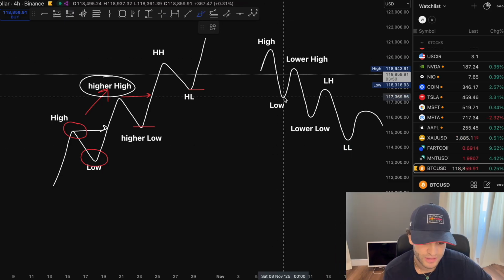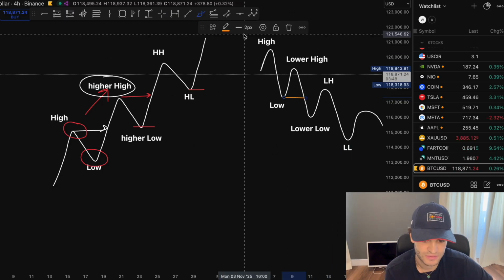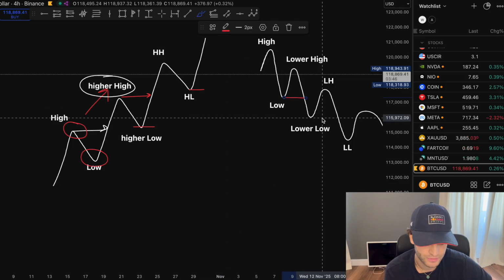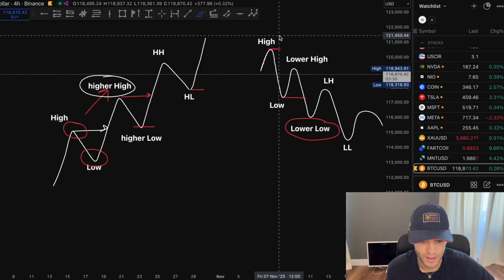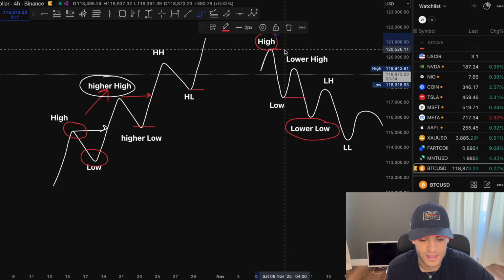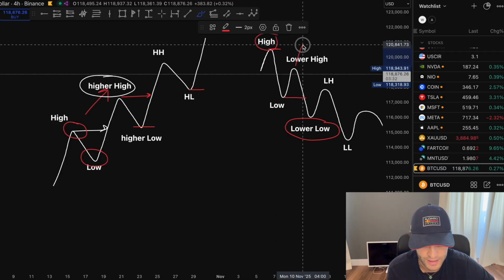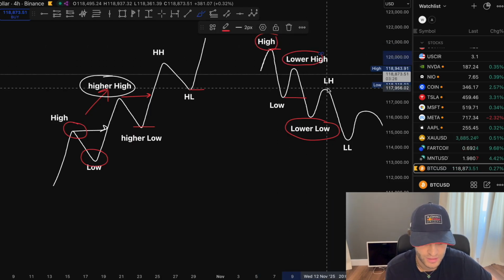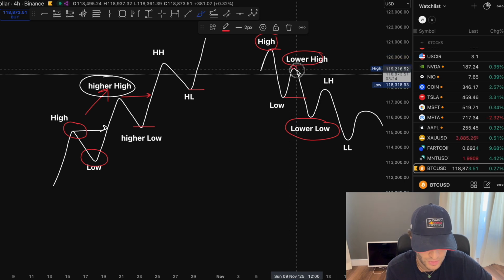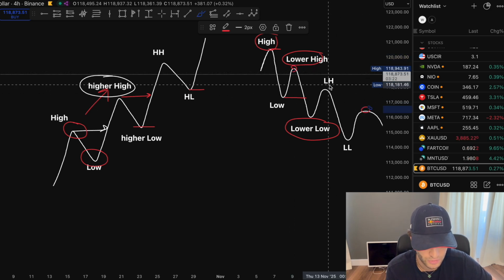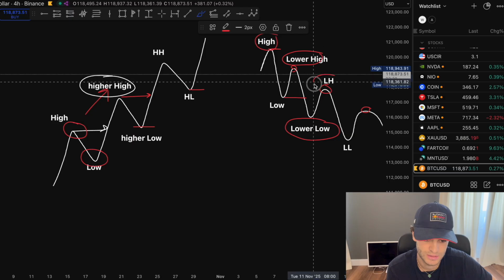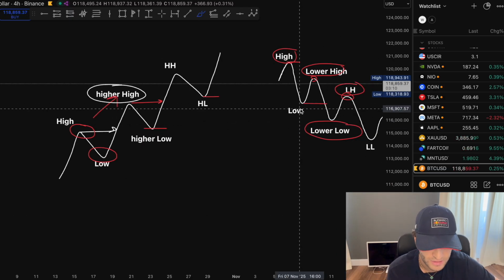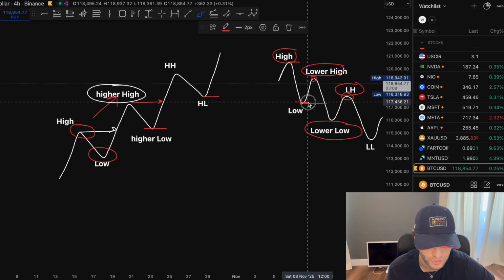And so what you have is that this low needs to be broken in order to get our lower low. And the high right here needs to not be taken by price action. So you always need for the highs to be lower than the previous one. This one needs to be lower than this one. This one needs to be lower than this one, right? And of course, we need to keep breaking the previous low.